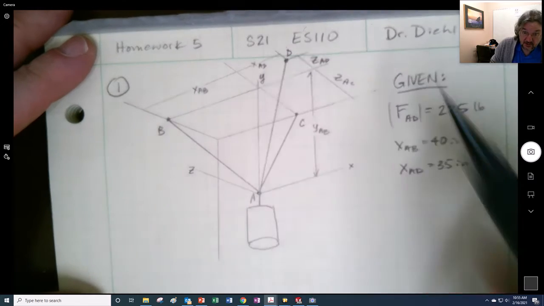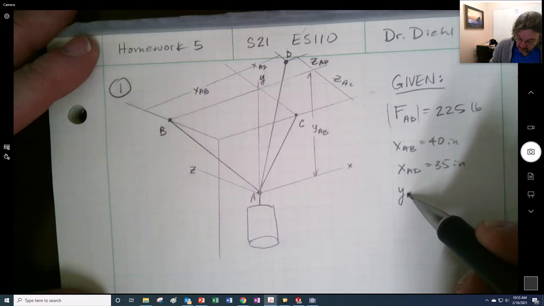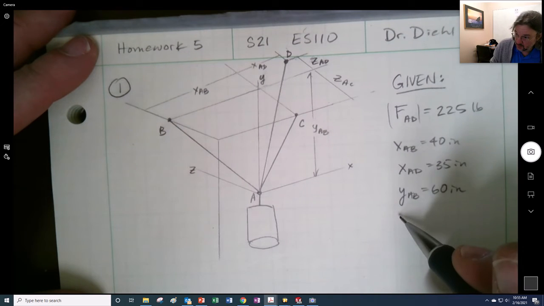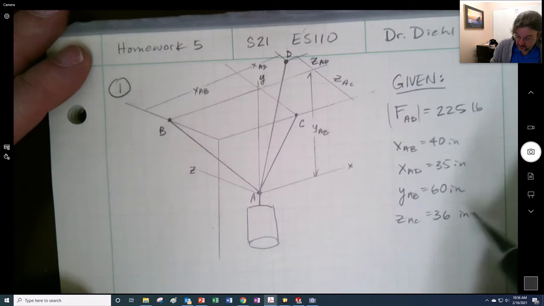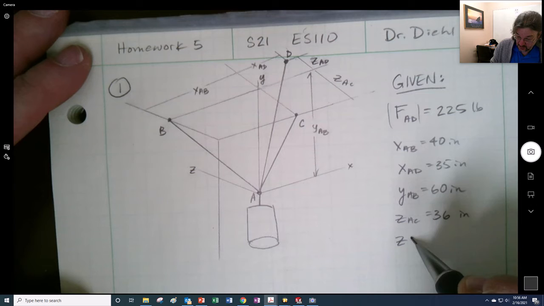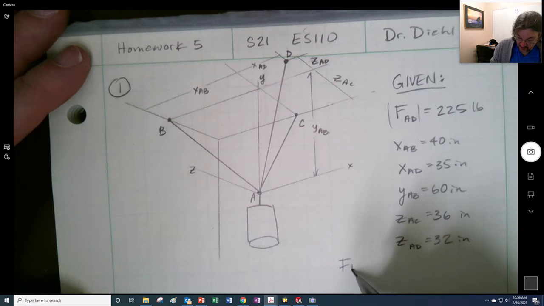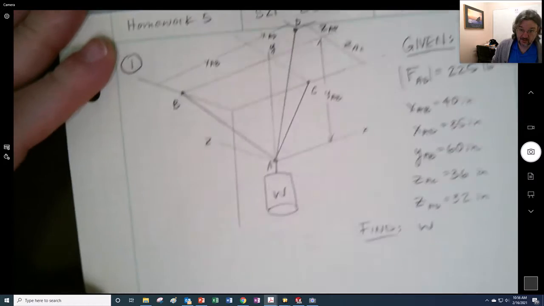That was that one right there. YAB is 60 inches, 5 feet. ZAC is going to be 36 inches, and ZAD is 32 inches. Okay, and we want to find W. So this is W right there.